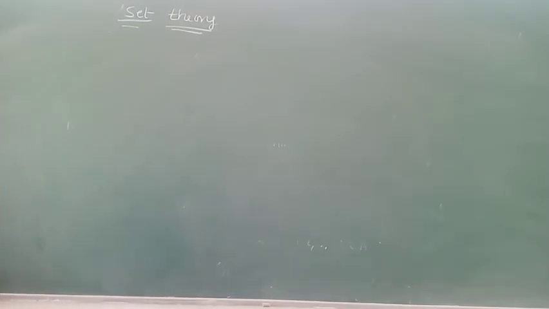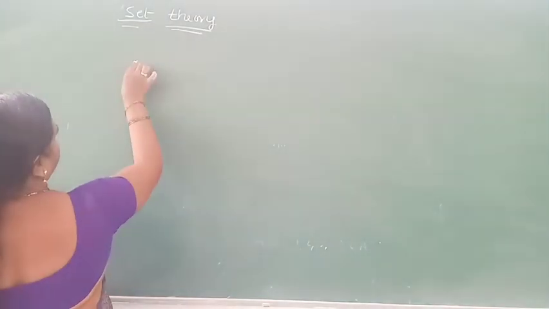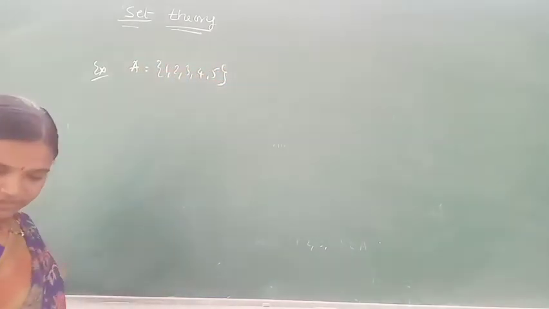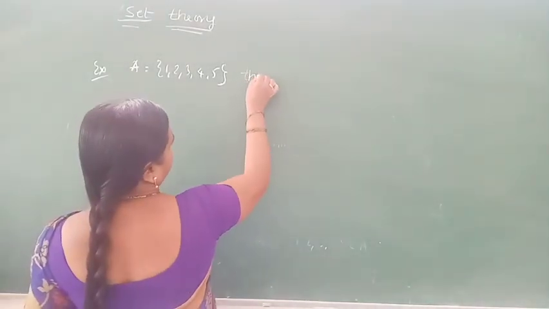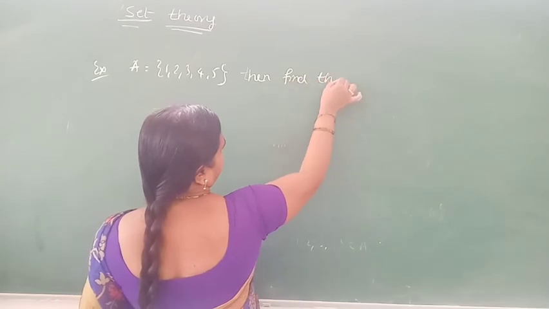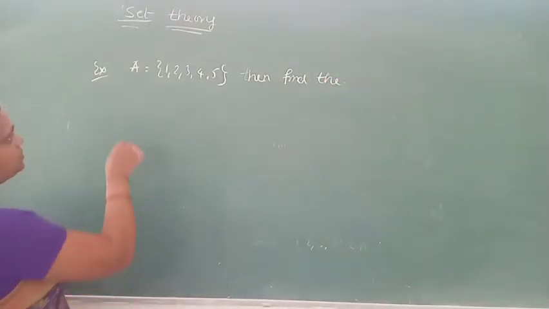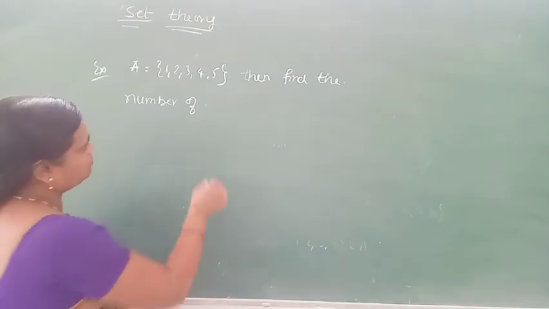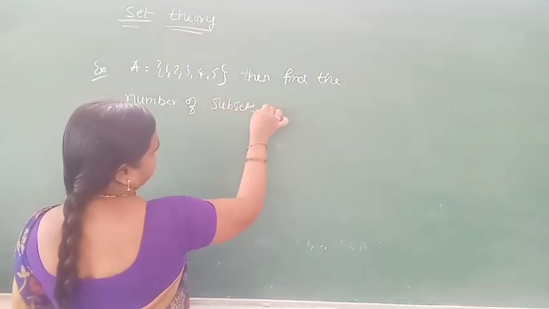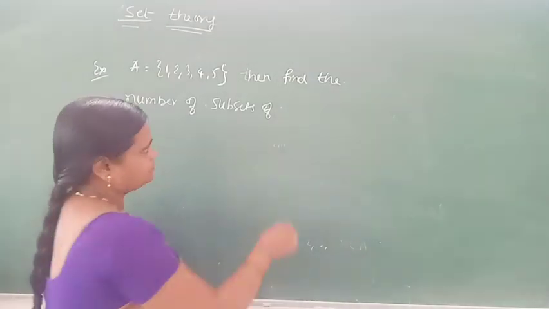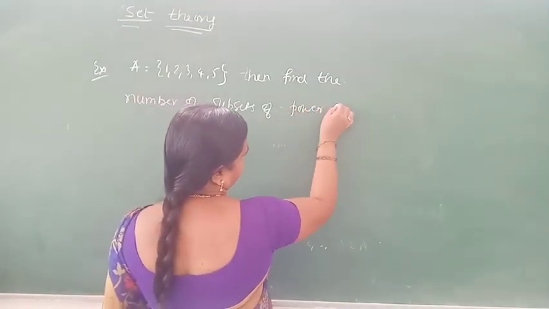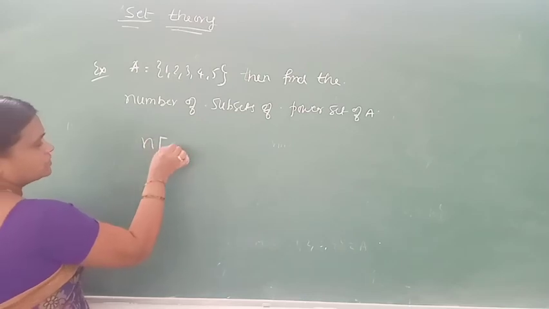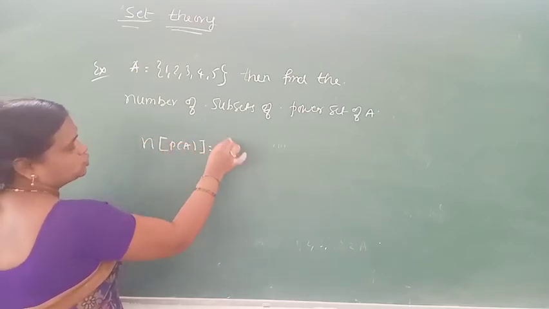Next is the mentioned example. If set A is 1, 2, 3, 4, 5, then find the number of subsets of power set of A. We have the formula: the number of elements of power set of A is 2 to the power n.